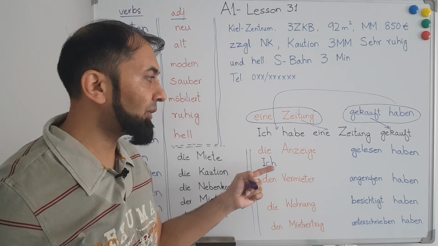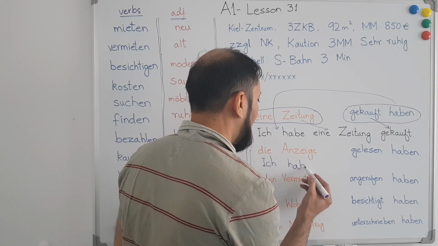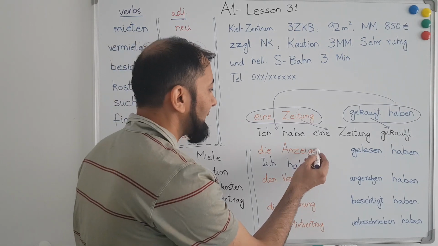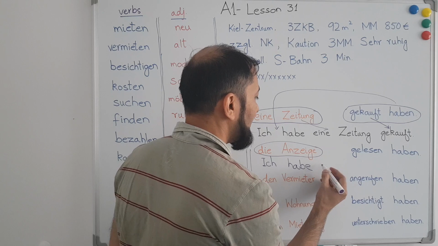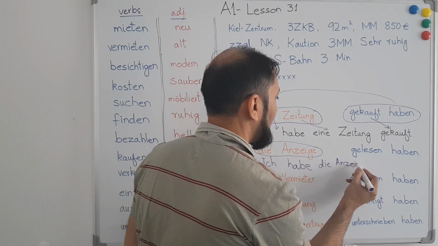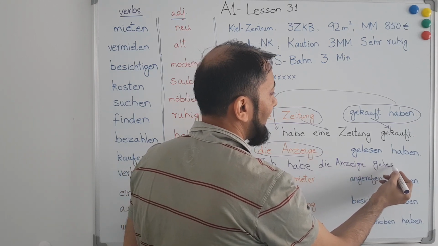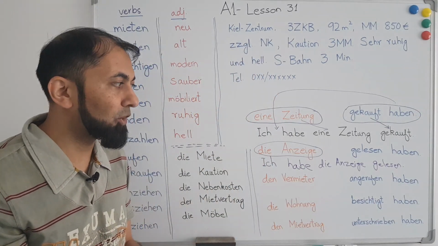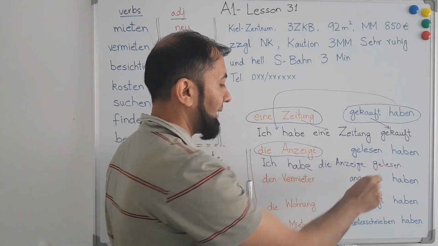The subject is ich, so haben will become habe. Ich habe. The next is the object. Object in this sentence is die Anzeige. Okay, so it will come here. Ich habe die Anzeige gelesen. Gelesen is the participle zwei of lesen, and we know that the participle zwei always comes at the last position of the sentence. Ich habe die Anzeige gelesen.